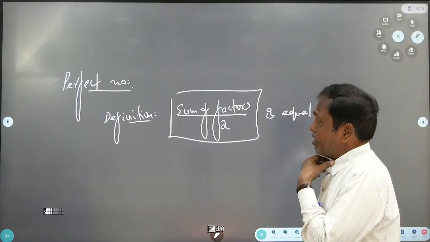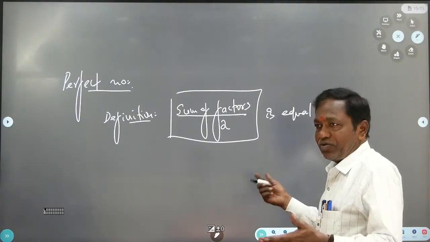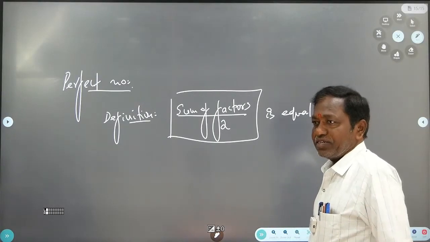Say for example, this is possible only for composite numbers. Factors means only for composite numbers.